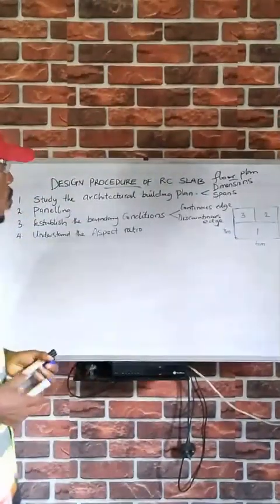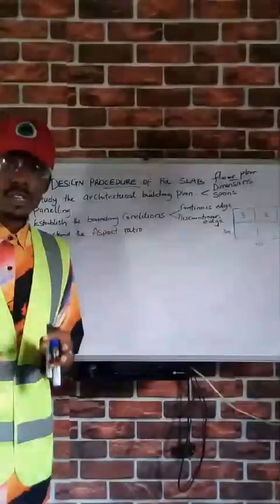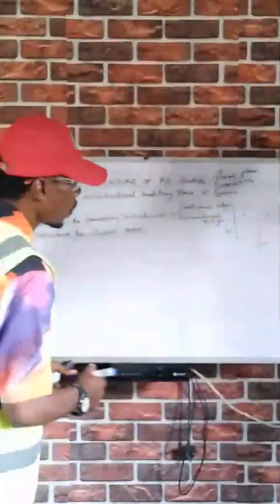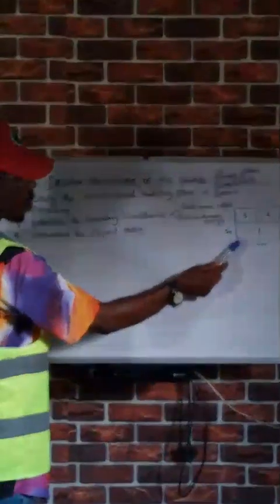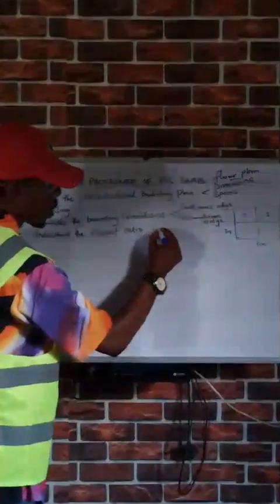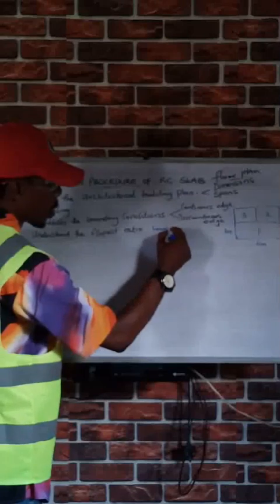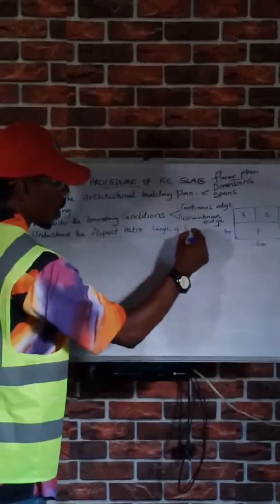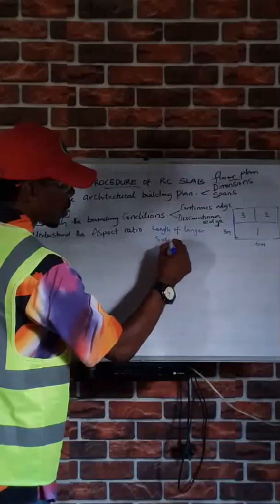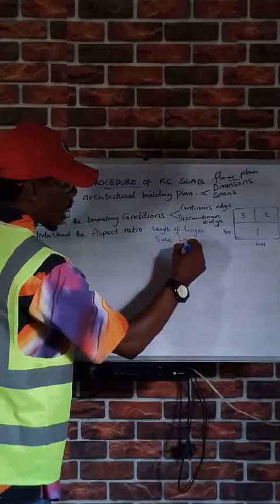Now, for us to understand our aspect ratio better, if we are considering panel 1, it means that the length of the longer side will now be Ly.